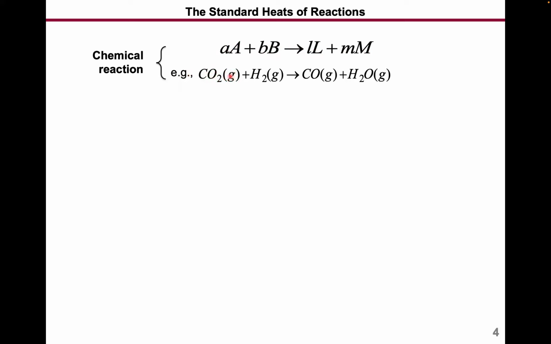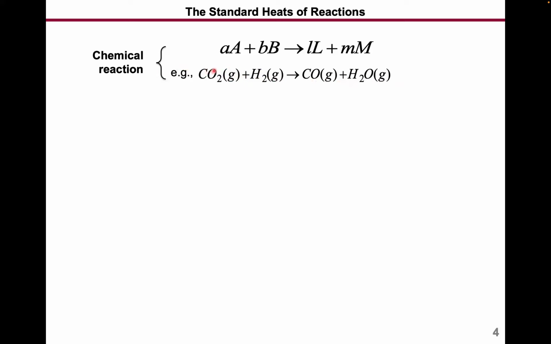Remember, you need to specify which state the reactant or the product is in so that you can look up the correct heat of reaction, heat of formation for these materials. So you need to pay attention to these states, okay?